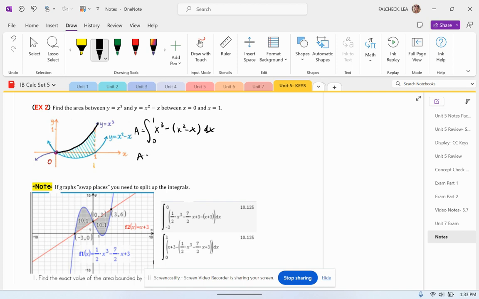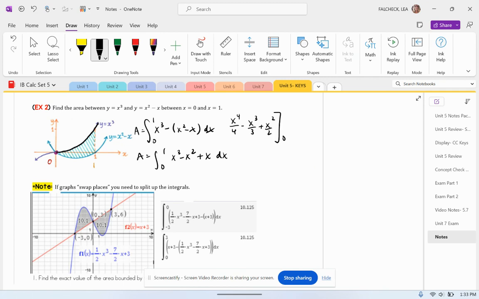All right, cool. So now you would just integrate. You'd end up getting x to the fourth over 4 minus x to the third over 3 plus x squared over 2.